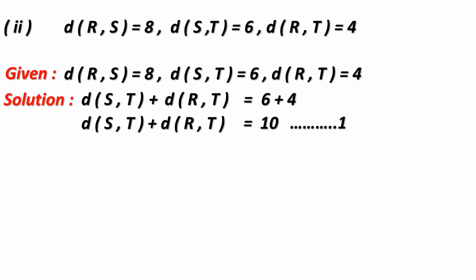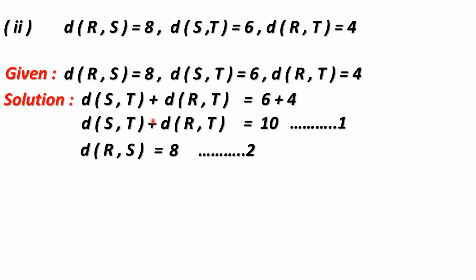We will take this as equation number 1. Now the remaining third distance is 8, that is distance RS is 8. We'll take this as equation number 2. Now look at equations 1 and 2. Here the right hand side of equation 1 is 10 and the right hand side of equation 2 is 8. That means the right hand sides of equations 1 and 2 are not equal.